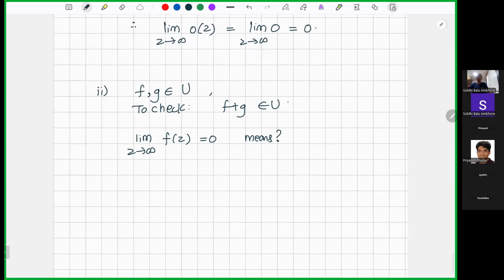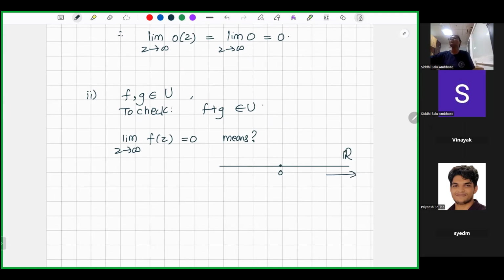In R, when we take x goes to infinity, we often look at x going to positive infinity. When we are talking about R, it is easier to understand when we say something goes to infinity. It simply means we are looking at bigger and bigger real numbers.